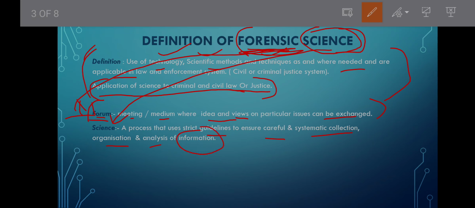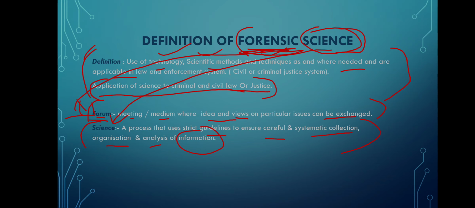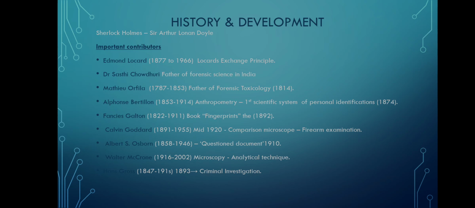So any information, if we do that systematic collection, organization and analysis of it, it will be seen under the subject science, right? Then next, moving on to the next slide, history and development is given.